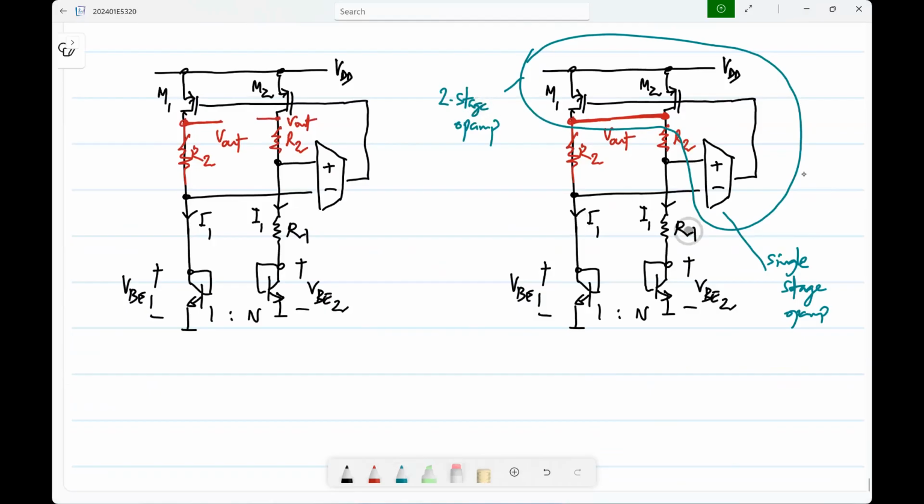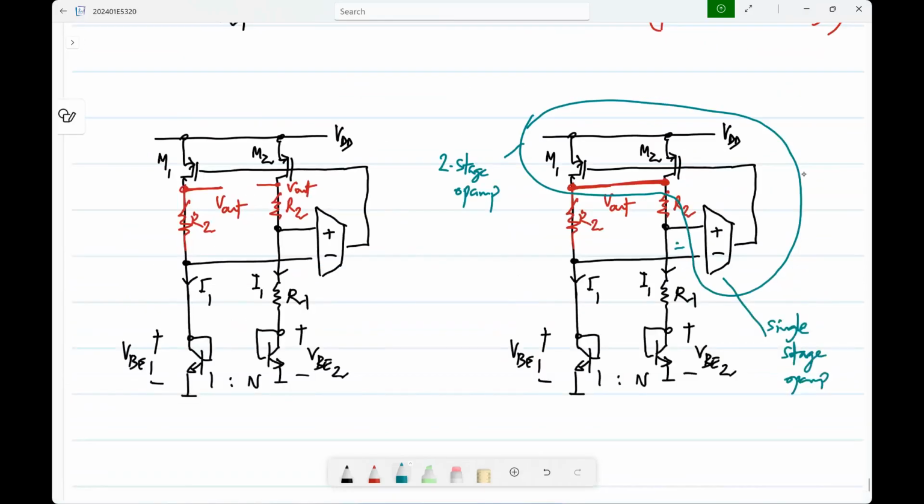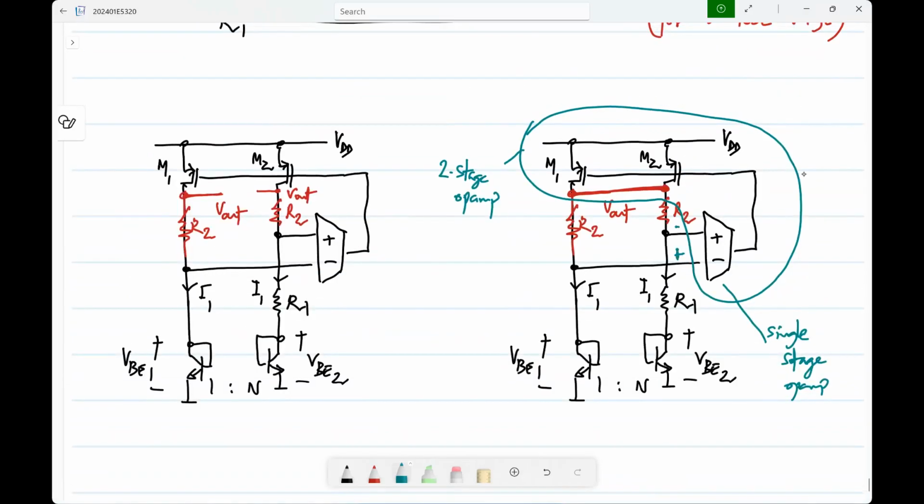And if you think of it as a two-stage op amp, its plus terminal is here at the bottom, and the minus terminal is there because this common source is inverting, right?